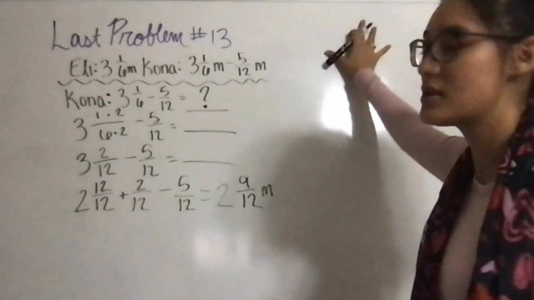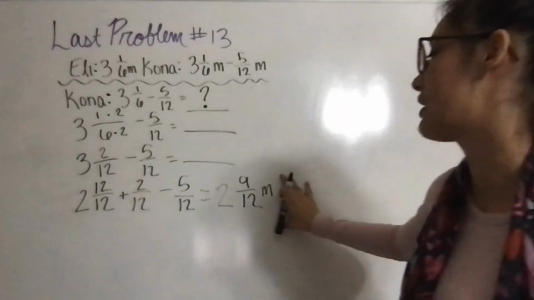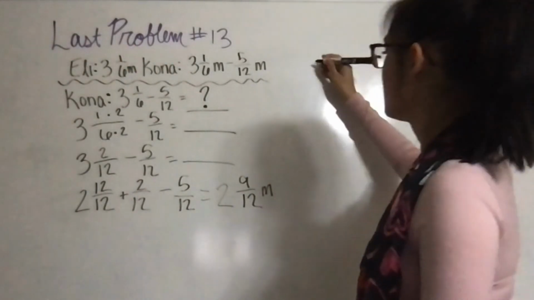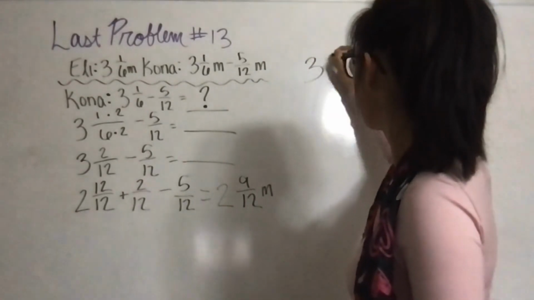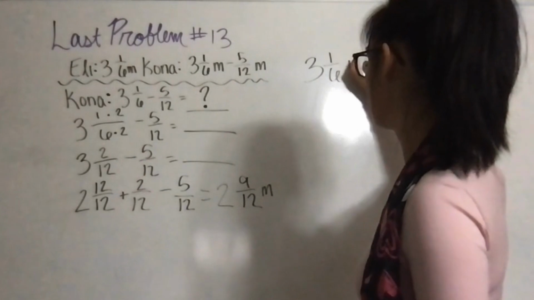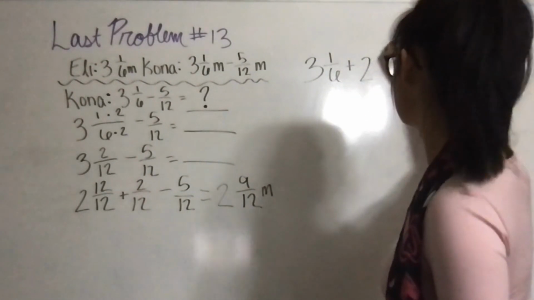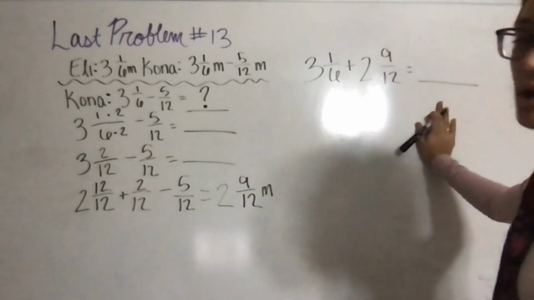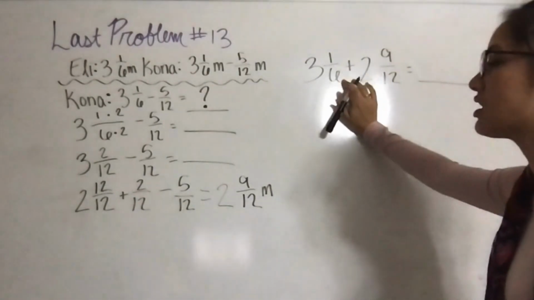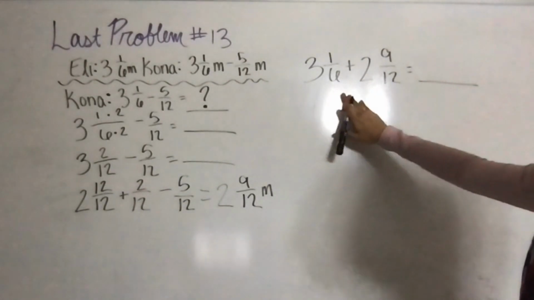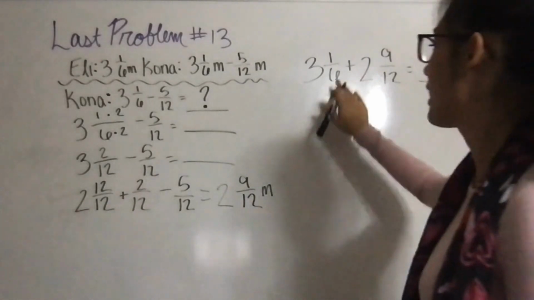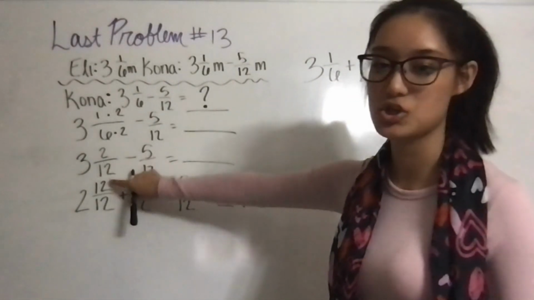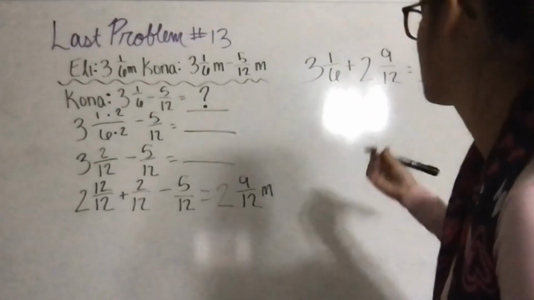Now, to find how much they bought all together, we need to add how much Kona bought with how much Eli bought. So that will be 3 1/6 plus 2 9/12 equals how much they bought all together. Again, you have to find the common denominator between 6 and 12, which is 12, and we know that we can turn 3 1/6 into 3 2/12, just like we did over here earlier.